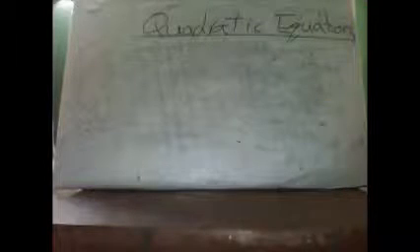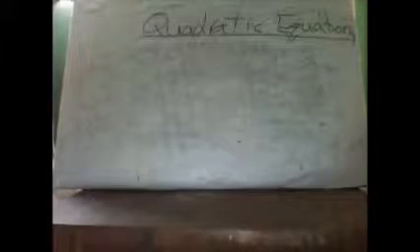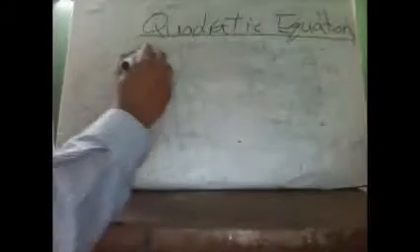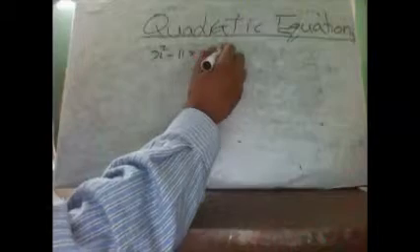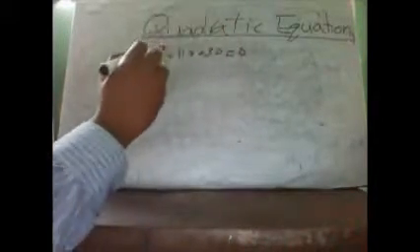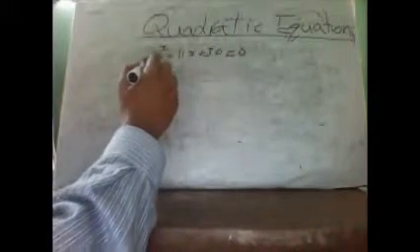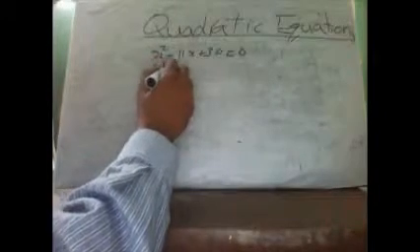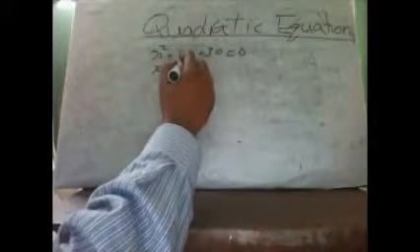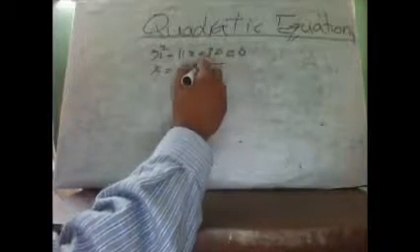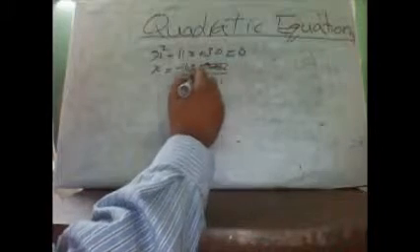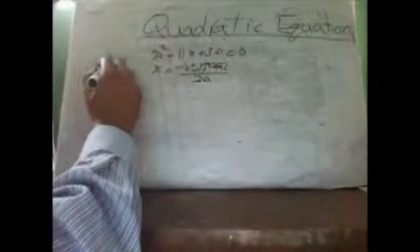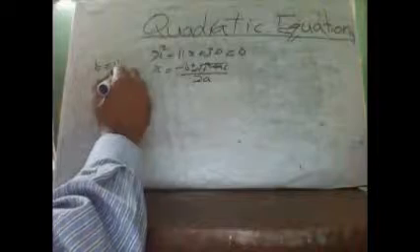First problem is we have to solve x square minus 11x plus 30 is equal to 0. Now using the formula which we derived earlier, x is equal to minus b plus minus root b square minus 4ac upon 2a. Here b is minus 11, c is 30, a is 1.